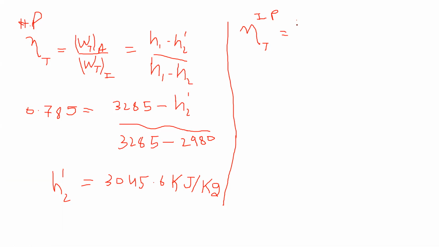That's why I'm writing H3 minus H4 dash by the isentropic one, H3 minus H4. We know the value of the efficiency of the isentropic turbine in the intermediate pressure turbine, and H3 and H4.